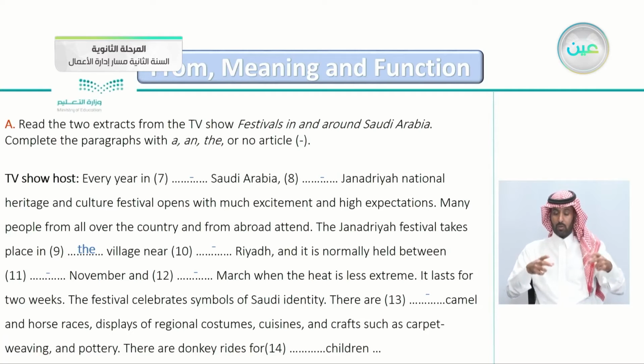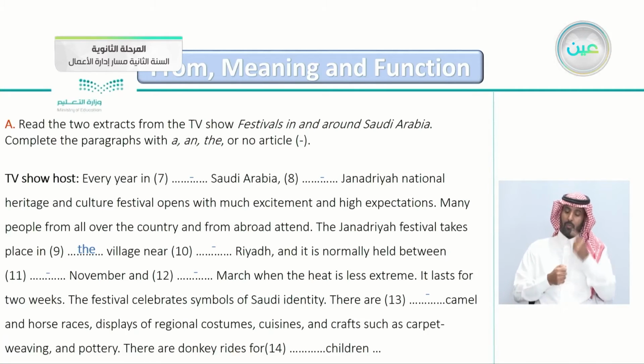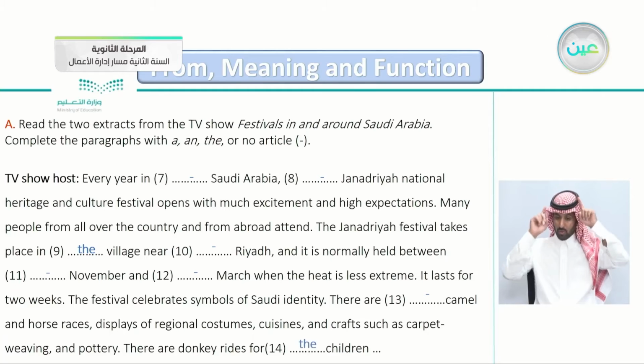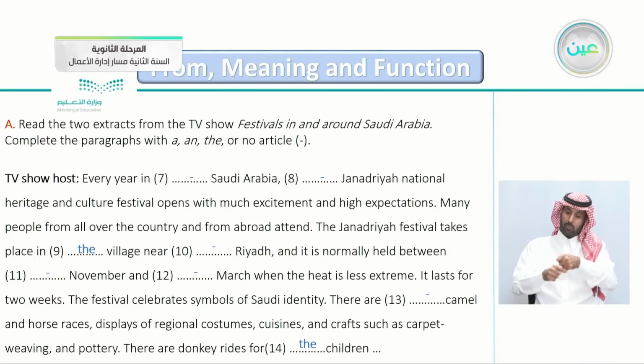Yes, there's no article here. Displays of regional costumes, cuisines, and crafts such as carpet weaving and pottery. There are donkey rides for the children. Excellent. You did an excellent job.